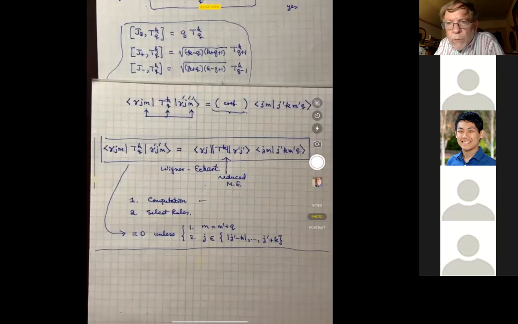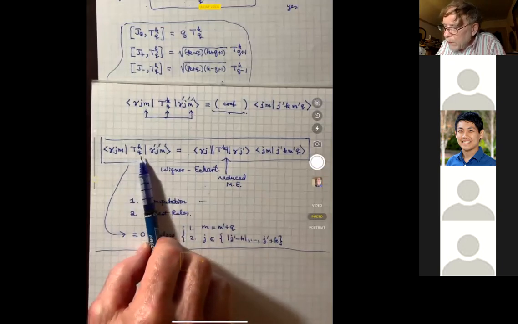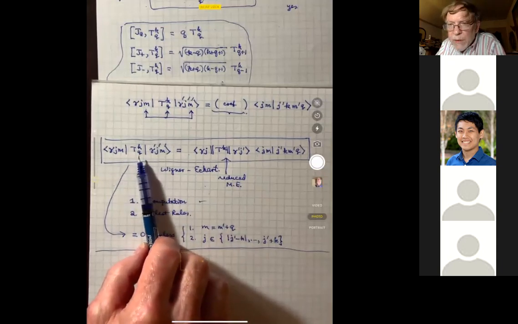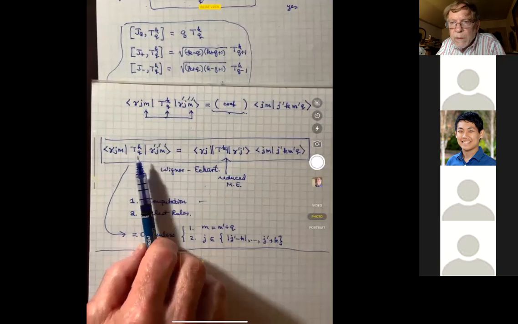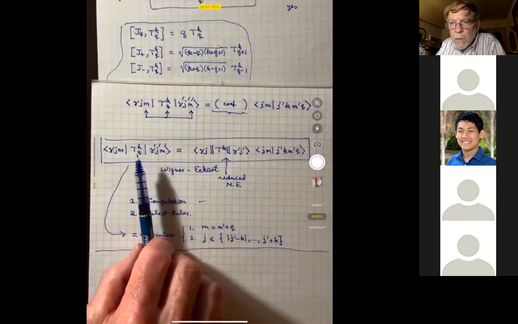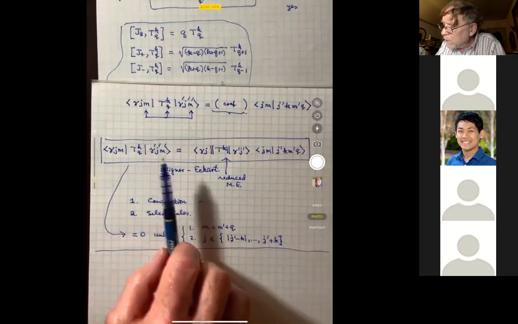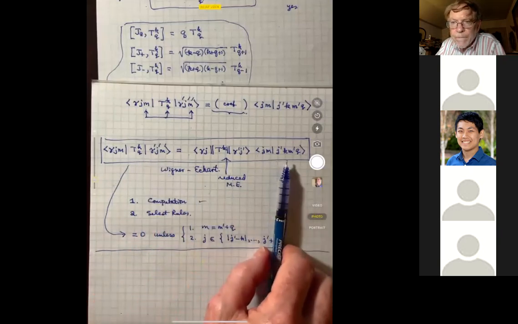The basic idea is that we show that the matrix elements that we're interested in, of irreducible tensor operators with respect to standard angular momentum basis vectors, satisfy the same recursion relations as do the Clebsch-Gordon coefficients.